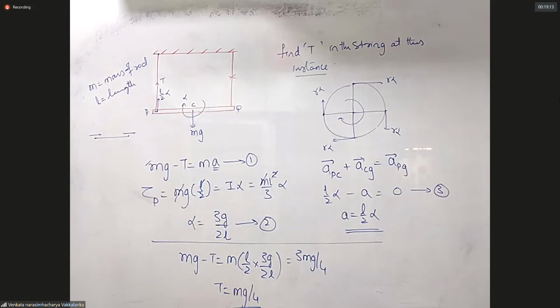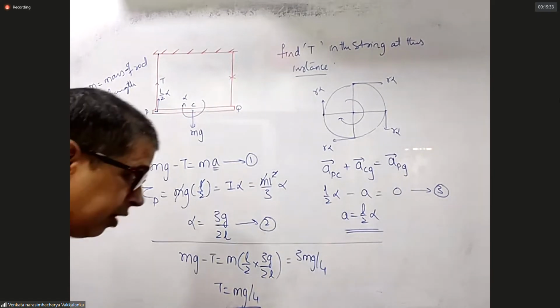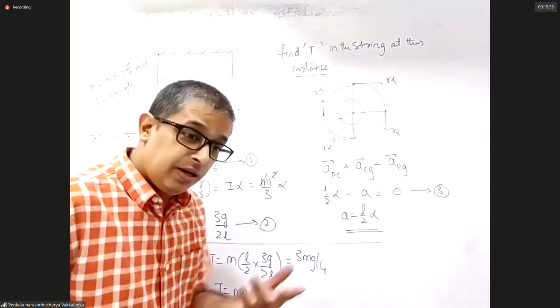So how did you get acceleration of P with respect to center of mass as L by 2 into alpha? R alpha. R is L by 2. So for this case, you have assumed point P to be rotating about center of mass, right? About any point you can take. I can do the reverse. Any point I can take.